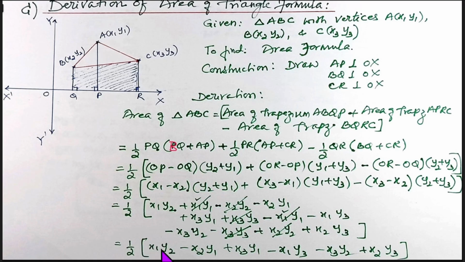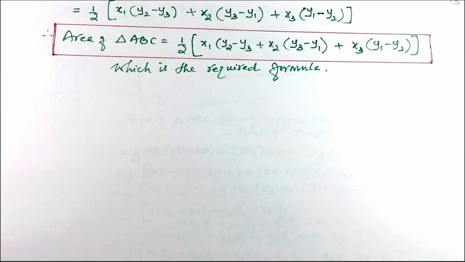Now bring the terms with x1 together, x1 y2 and x1 y3, bring x2 y1 and x2 y3 together, and bring x3 y1 and x3 y2 together as I have written here. So take common x1, so we get half x1 in the bracket y2 minus y3 plus x2 in the bracket y3 minus y1 plus x3 in the bracket y1 minus y2.